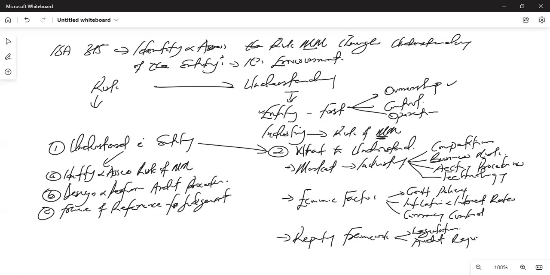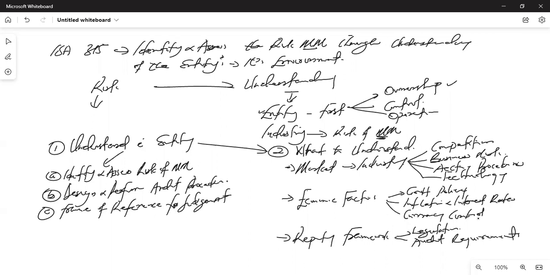You need to try and understand all audit requirements. All right, taxation and all those things around it. That is what we mean.